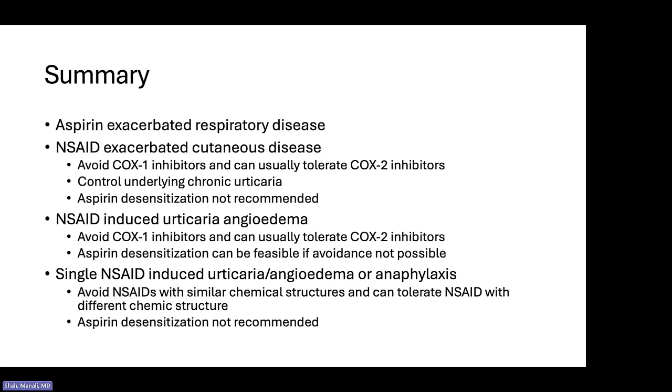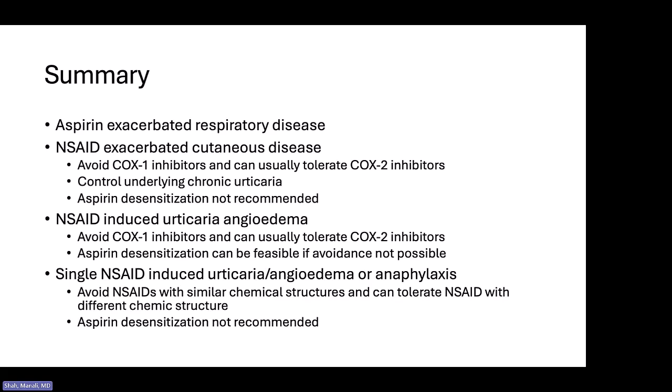For NSAID-induced urticaria angioedema, these patients will not have underlying chronic urticaria, and again, avoid all COX-1 inhibitors, and usually patients can tolerate COX-2. Aspirin desensitization is typically not recommended, but could be feasible if avoidance is not possible for some reason, like if they need it for cardiovascular health, but again, typically not recommended.